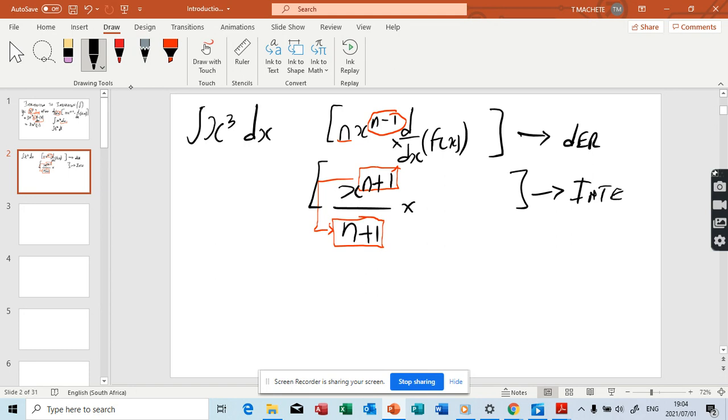So here you're gonna divide by d over dx. Instead of multiplying by d over dx, you're gonna divide by d over dx of f of x. You have to write f of x there to show that you're differentiating your f of x.